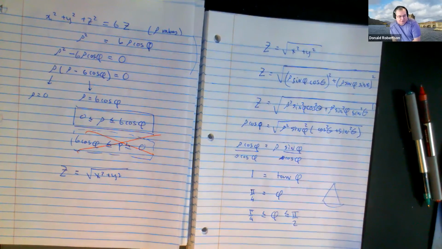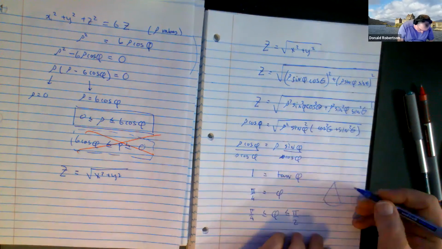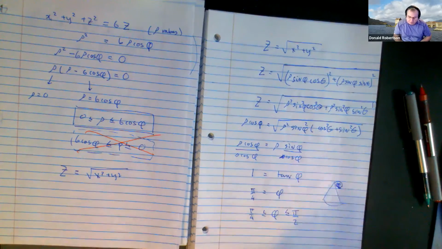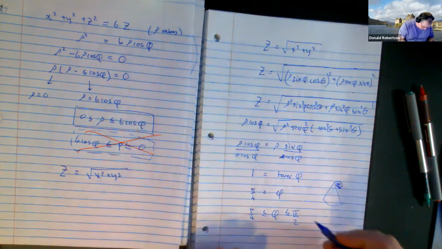If you look up the description of what a cone looks like, the range of the angles only goes as far as pi upon 2, because after that it stops being a cone. Can you imagine starting at 0 and finishing at vertical? You can't get any more than an angle of pi upon 2. Phi is measuring an angle, so there's a limited number. So we got it.